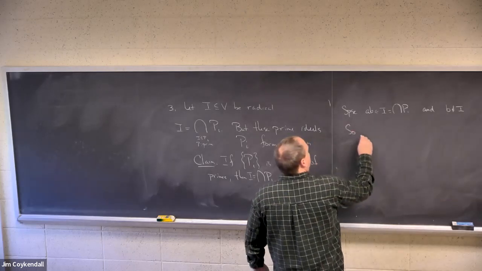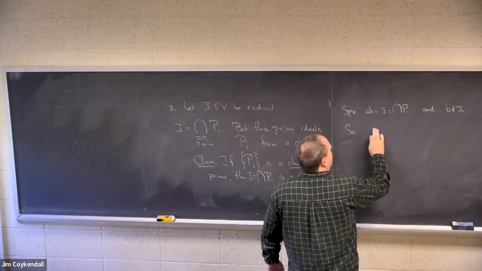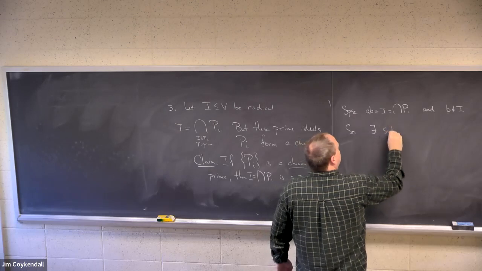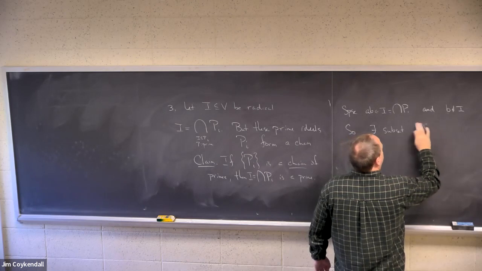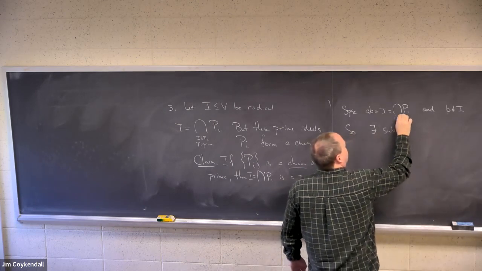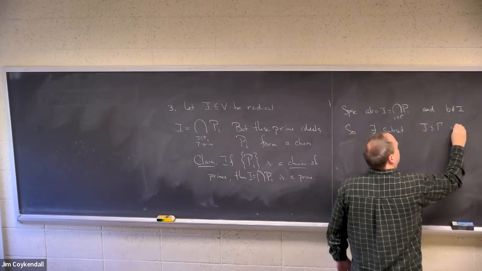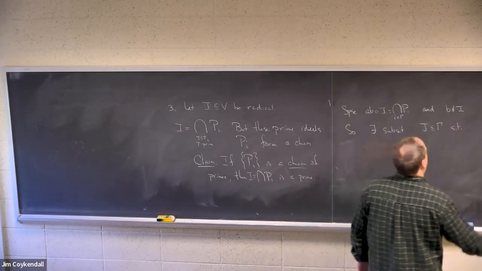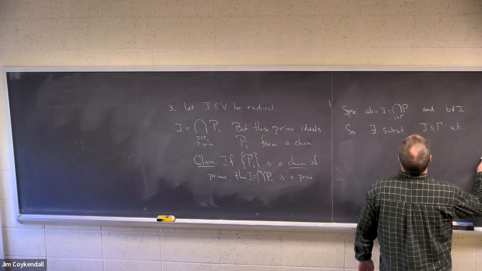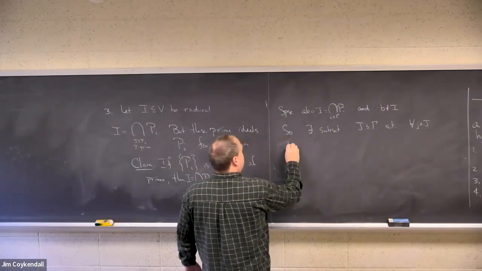There's a subset J of M, such that A is in J and B is not.